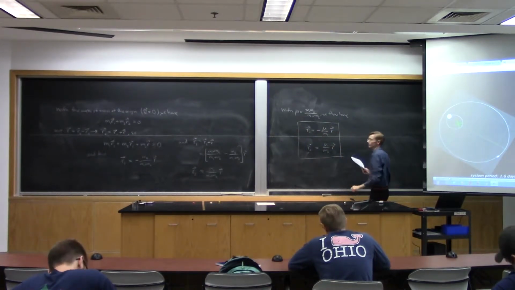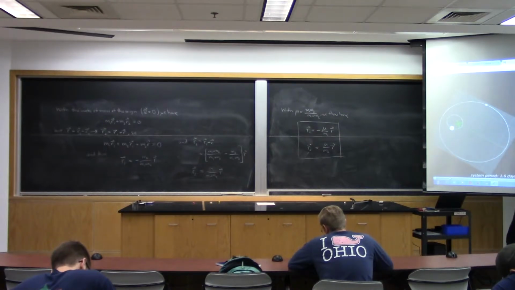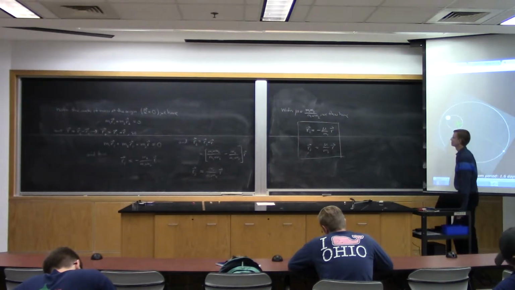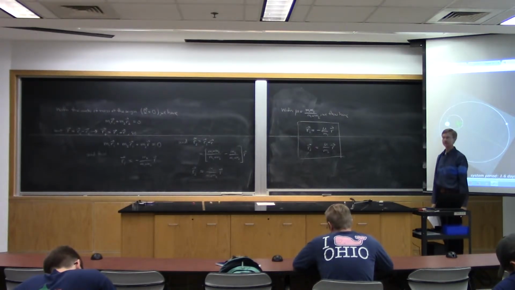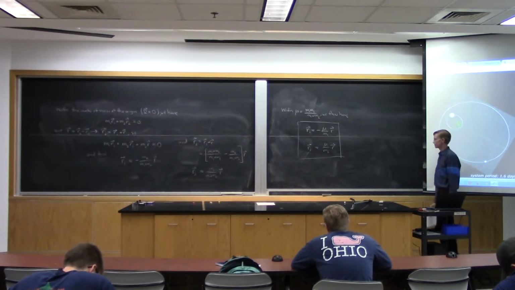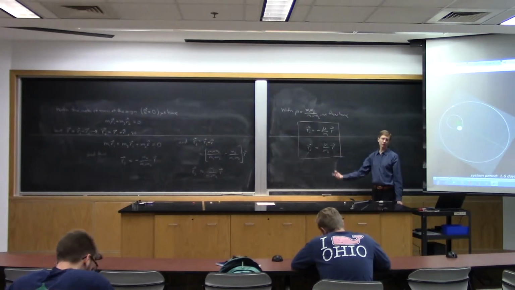Those are probably the more useful relations, which are entirely equivalent to what we have over here. So these are the two relations where if I know what R is, I can then figure out what R1 and R2 are.